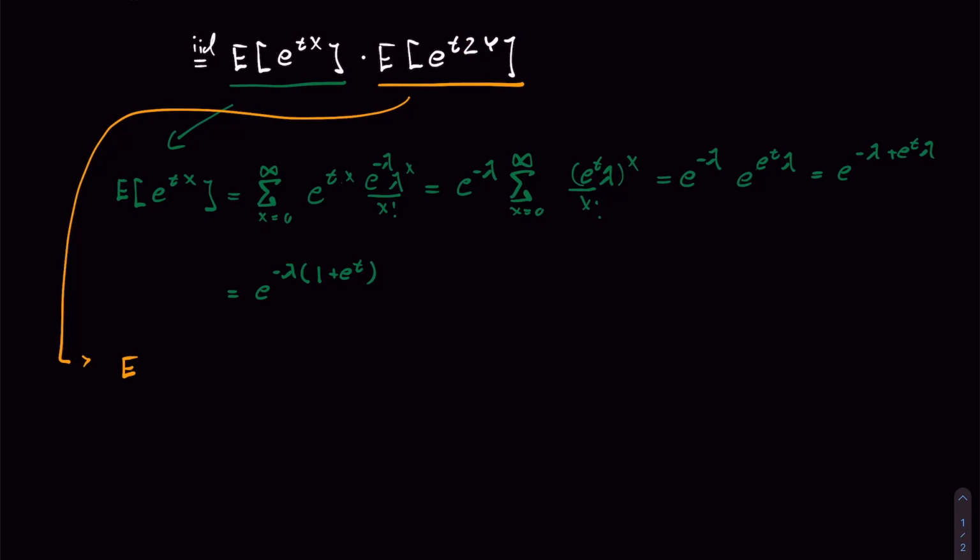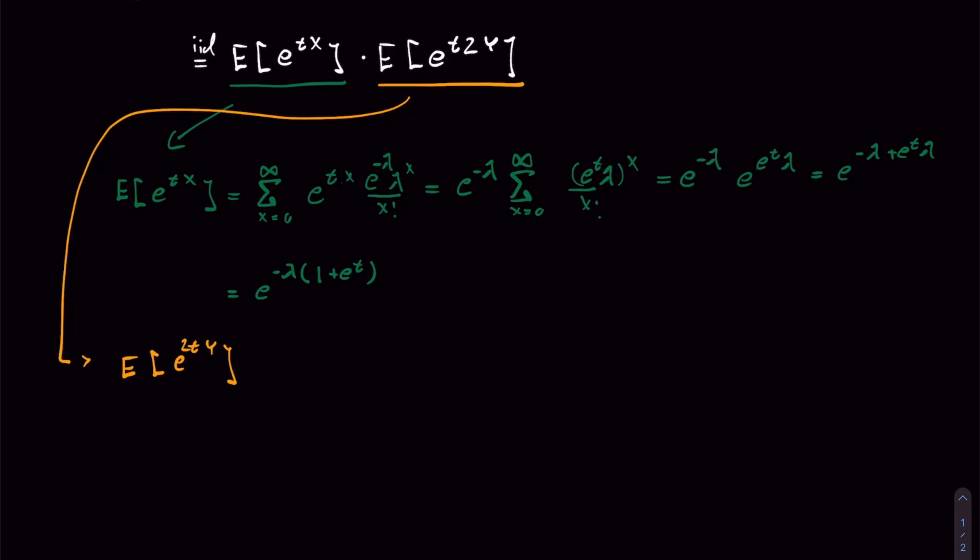We can go over the whole calculation again, or we just notice that the only difference is that we get e to the 2t here instead.